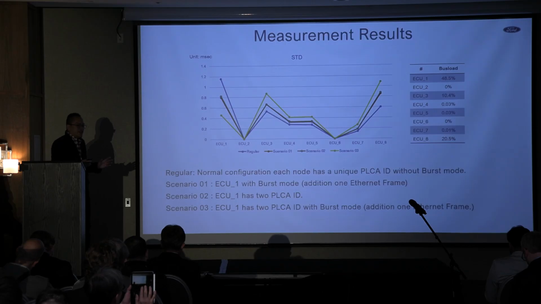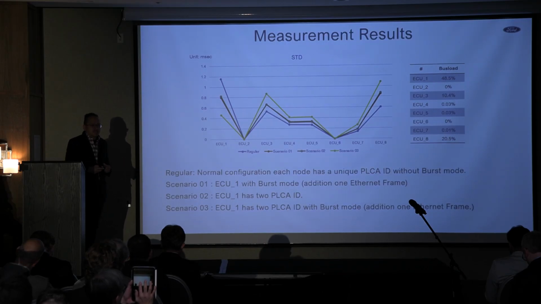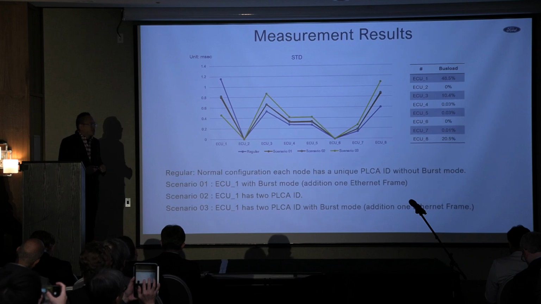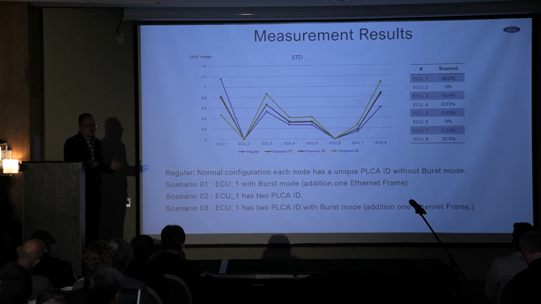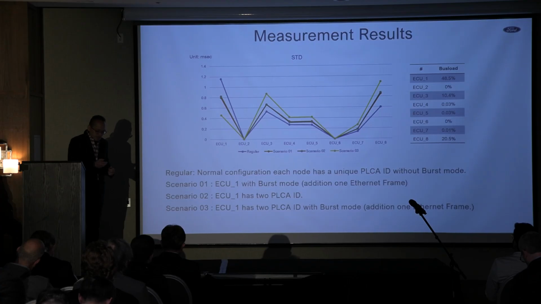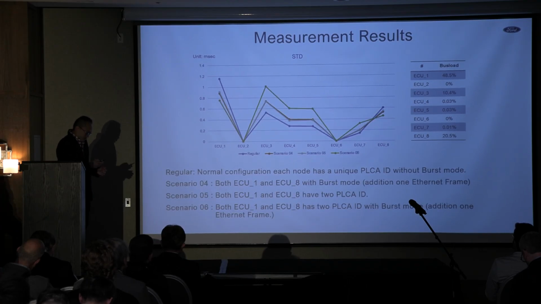The next study is closer to a real-use network, because now each node has different bus loading and utilization. Some nodes use a lot, some nodes use almost nothing. So when we have the ECU 1, they use the multiple IDs or the burst mode.